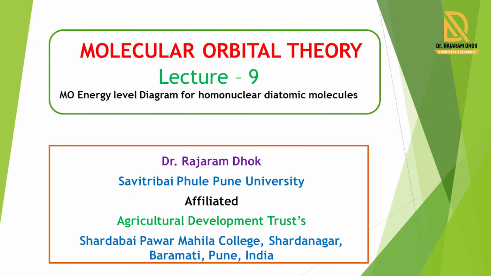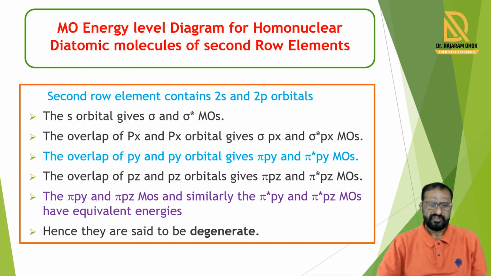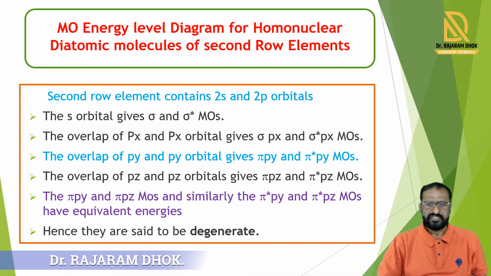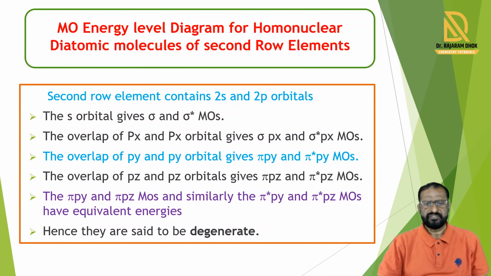Today's lecture on molecular orbital theory, lecture 9. In this lecture, we learn about the molecular orbital energy level diagram for homonuclear diatomic molecules. We mainly see the second row elements and how we draw the diagrams.